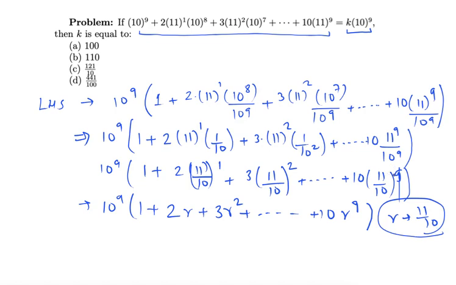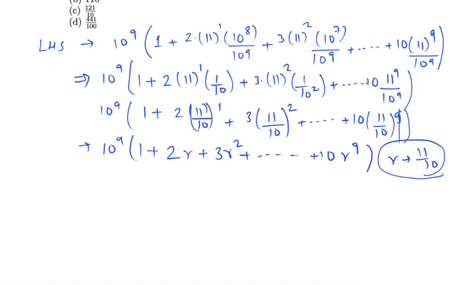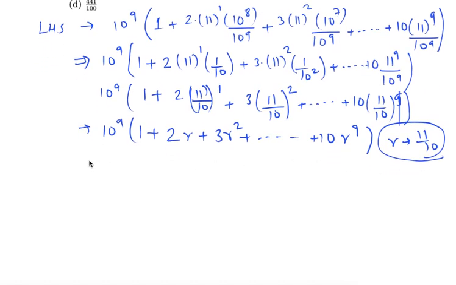Now this is a series that we are generally aware of, and this is called an arithmetic geometric progression. It's because it has some arithmetic properties. If I just remove this r thing, then this is some sort of an arithmetic progression 1, 2, 3, 4 till 10, and due to r it becomes a geometric series.